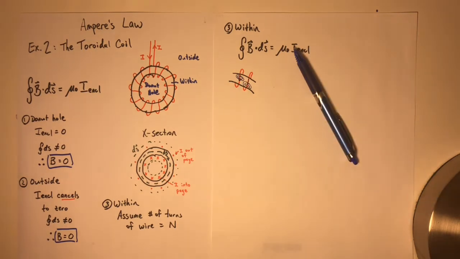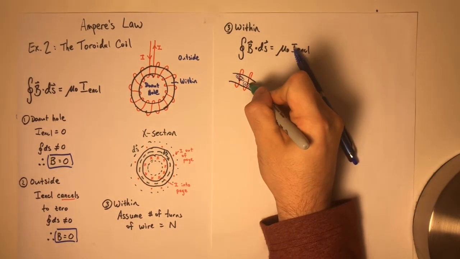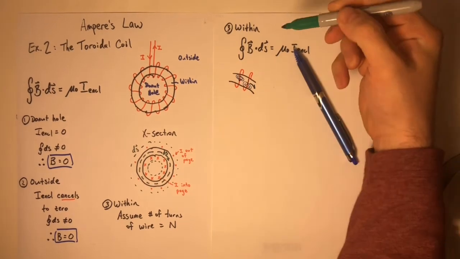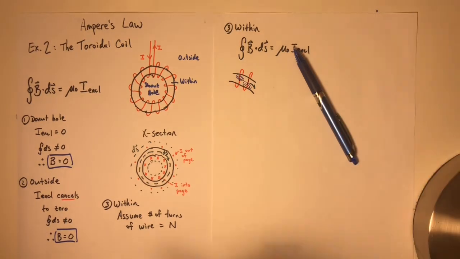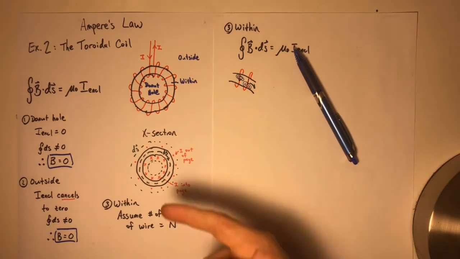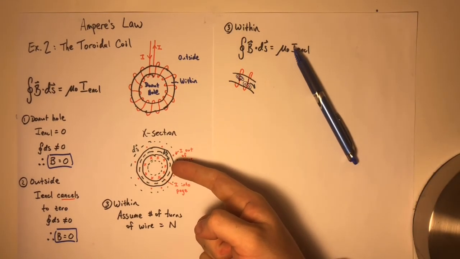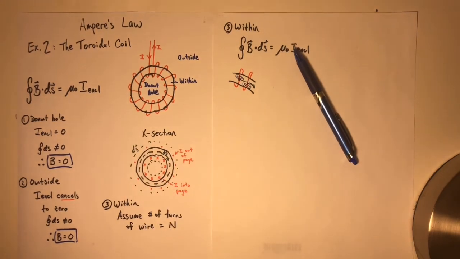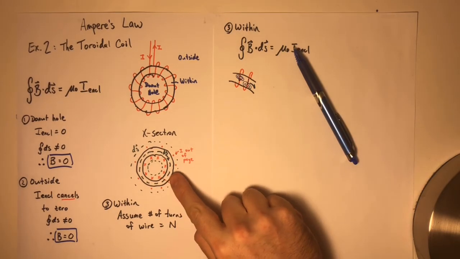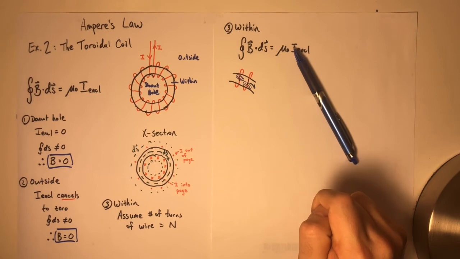So the result is that you get a magnetic field that points that way, at least for the within part of this problem. All this is simply to point out that the magnetic field inside that toroid is already going in circular lines around the inner region of the toroid. So this is a perfect example to see how the symmetry of our loop matches exactly the symmetry of the magnetic field.